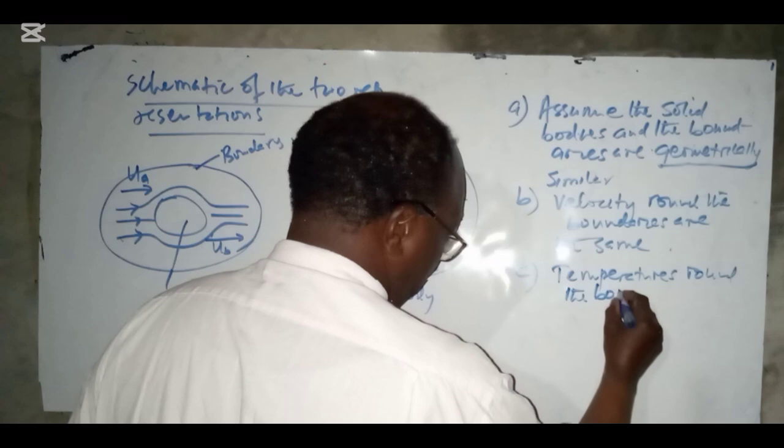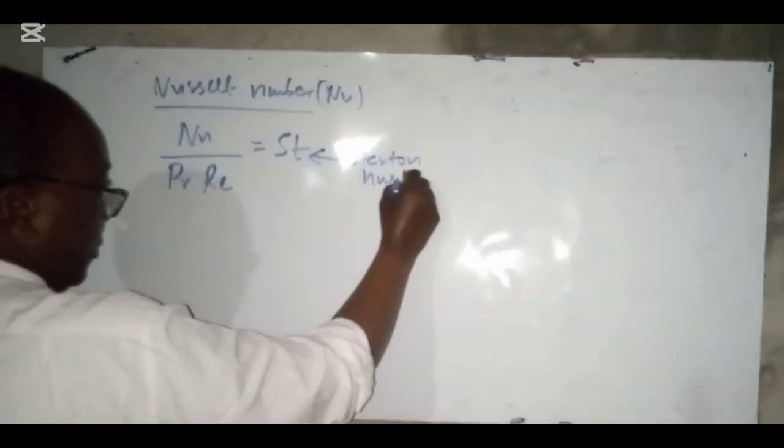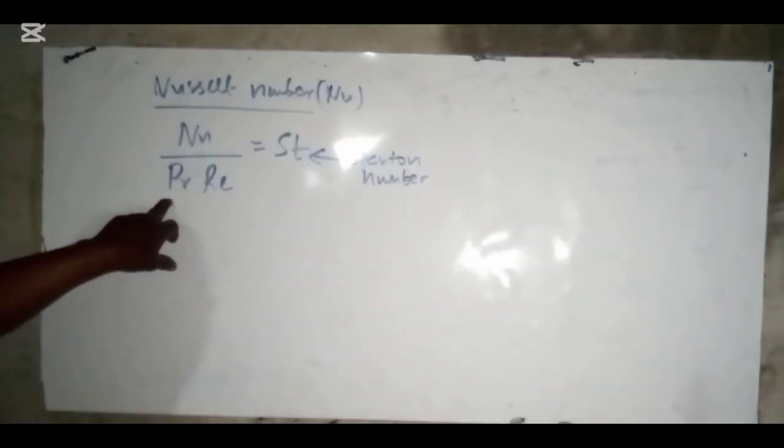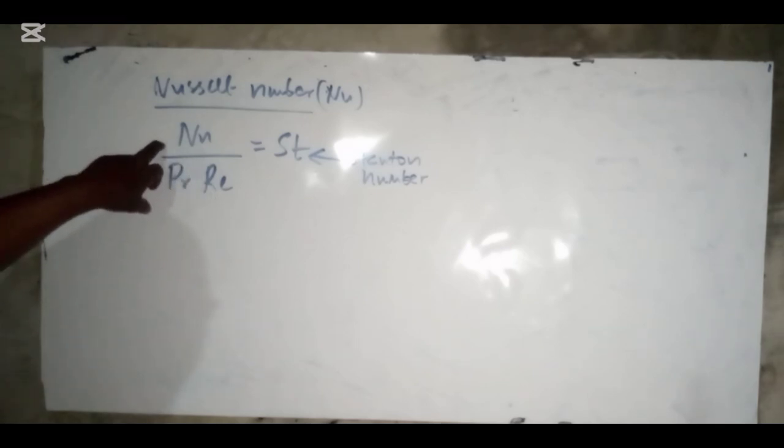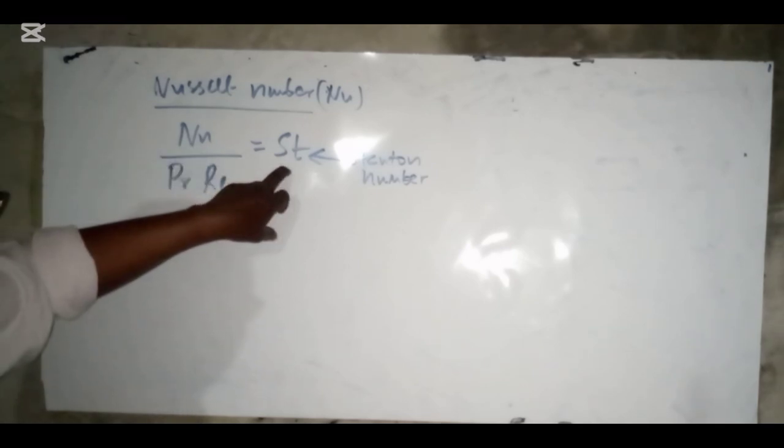We had said that Nusselt number, Nu, divided by the Prandtl's number and Reynolds number will give you the Stanton number. Remember, that was the Stanton number. This is Prandtl's number, Reynolds number, Nusselt number, give you the Stanton number.